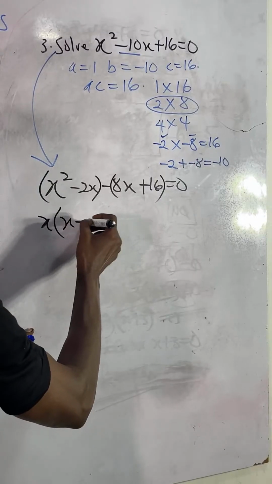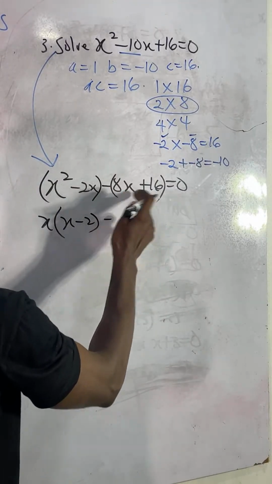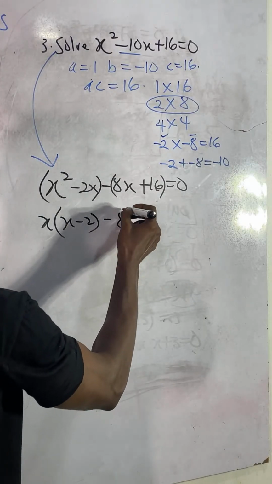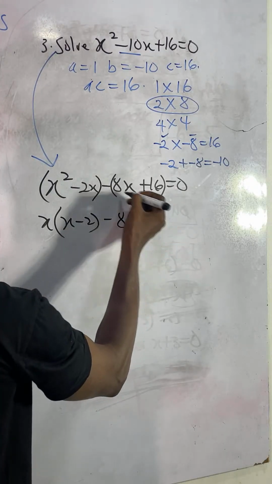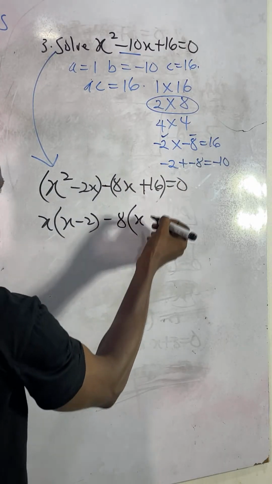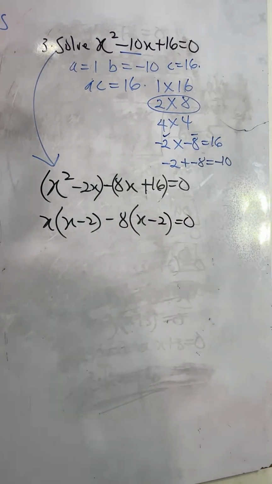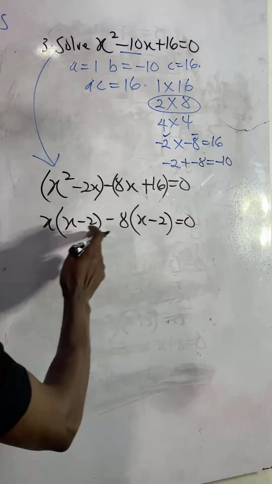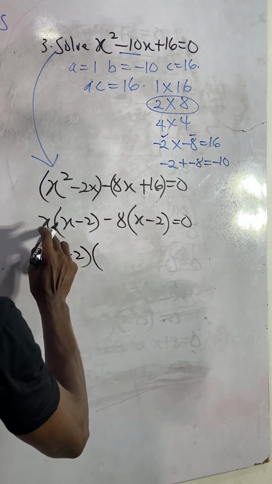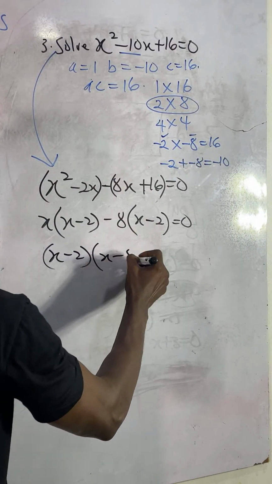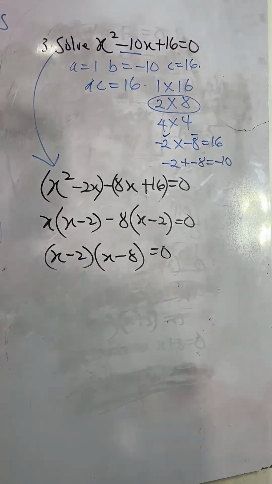Common, x minus 2. Minus 8 is common between 8 and 16. So 8 is common. We have x. This is supposed to be positive 2, but this negative here affects it. So it becomes negative 2 equal to 0. So x minus 2 is common. What we have left is x and minus 8 equal to 0.